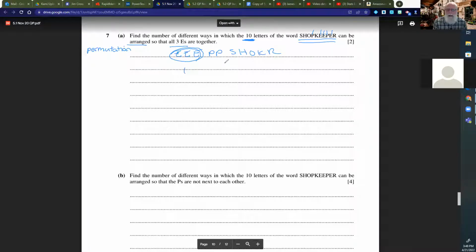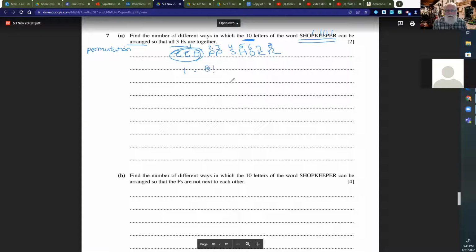Now, I'm going to count this group together as one thing. 1, 2, 3, 4, 5, 6, 7, and 8. I don't have 10 things anymore. Now I have 8 things. And how do I arrange 8 things? 8 factorial.